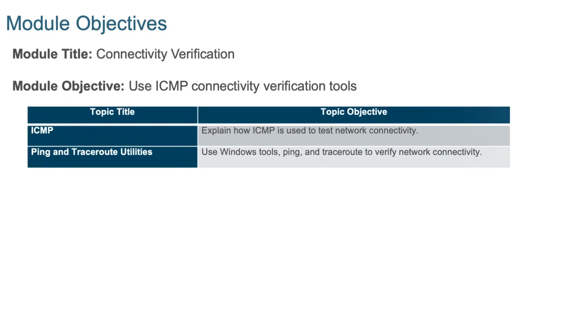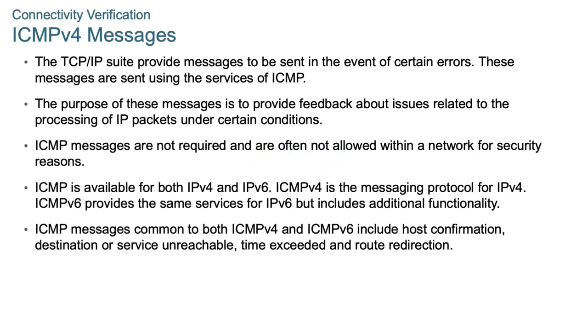ICMP is an inbuilt protocol service of the TCP/IP suite, and its messages are sent if any events occur with certain errors. That means these messages are sent using the services of ICMP.